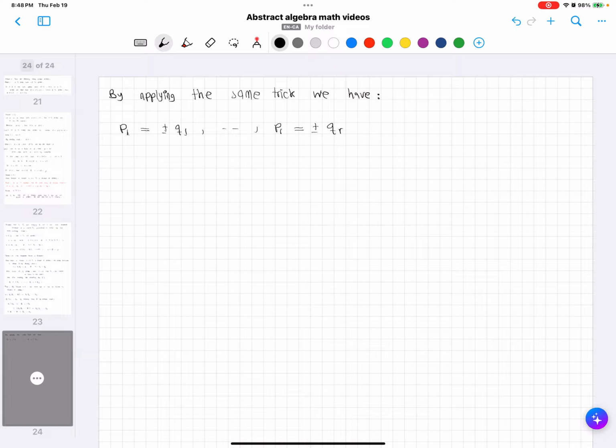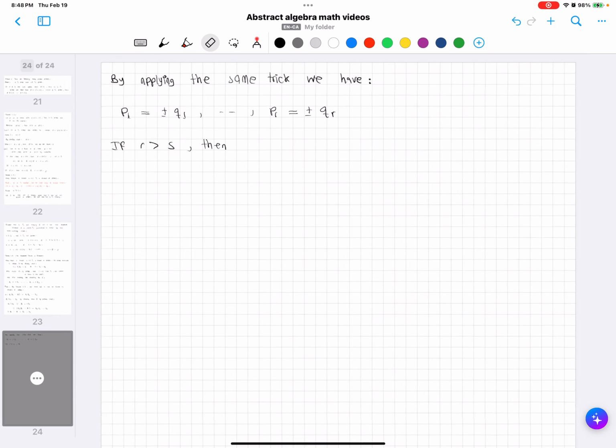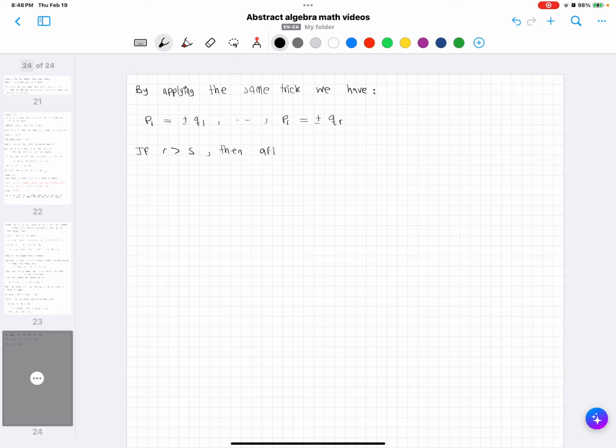So let's get a contradiction otherwise. First, if R is bigger than S, then after S steps of the process above, we get that P_{S+1} up to PR is equal to 1. So this tells us that PR divides 1.